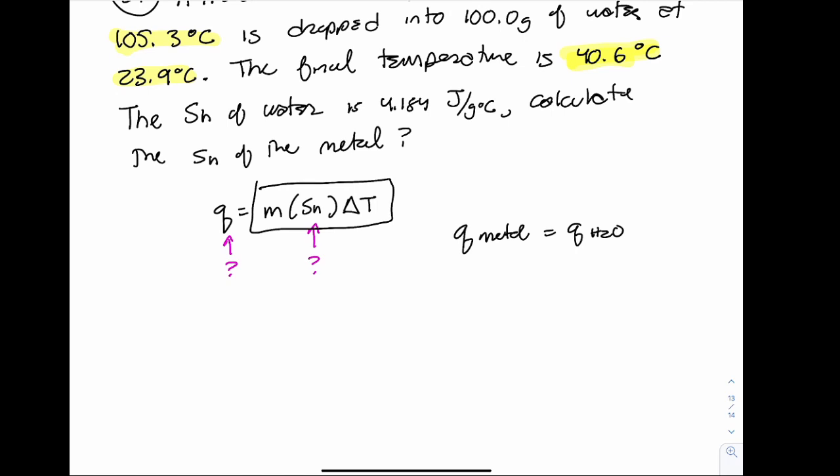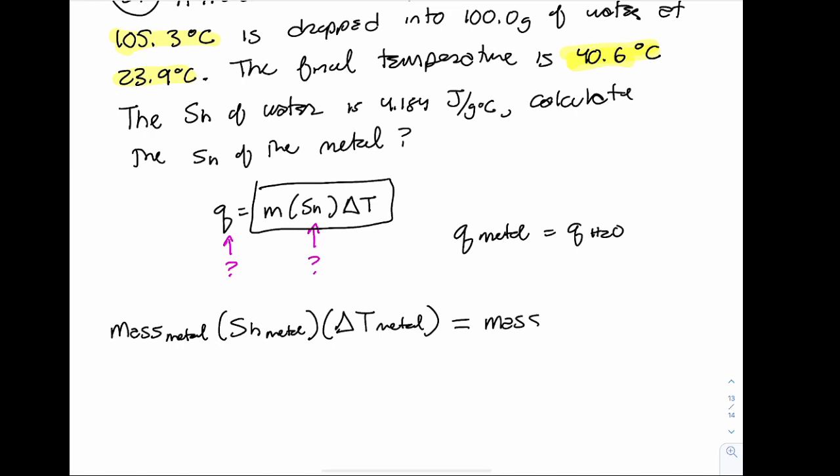So I know that the mass for my metal, this is a subscript, multiplied by the specific heat for the metal, again subscript, multiplied by the temperature change for my metal, is going to be equal to the mass of my water multiplied by the specific heat of my water multiplied by the temperature change for my water.